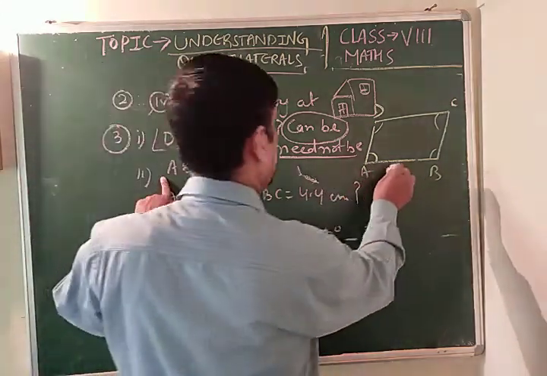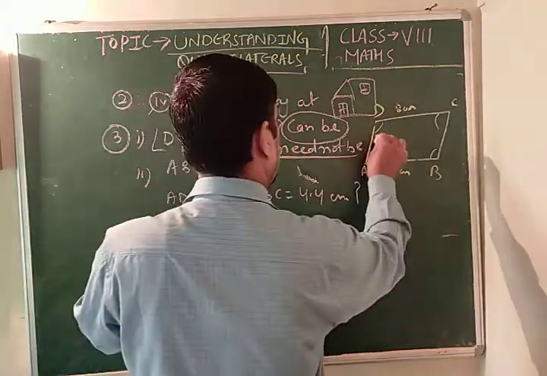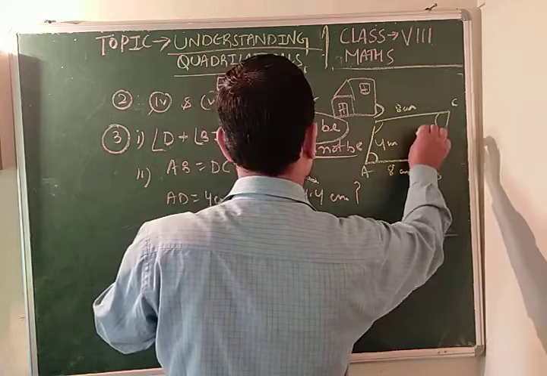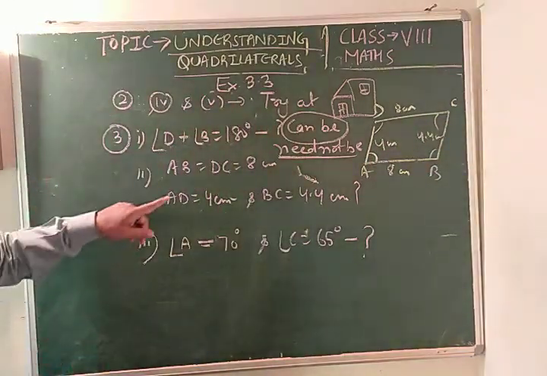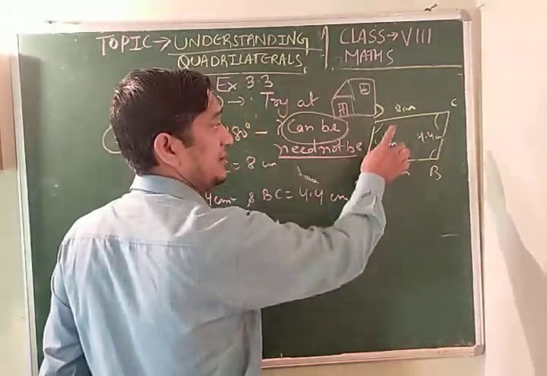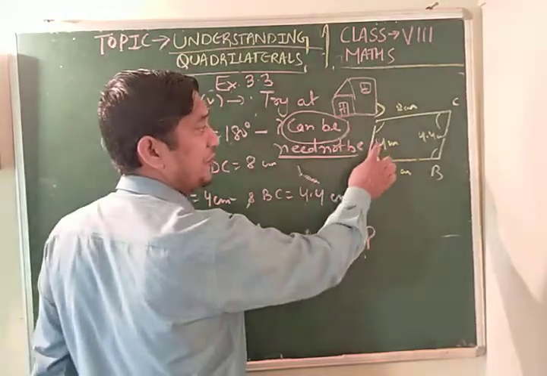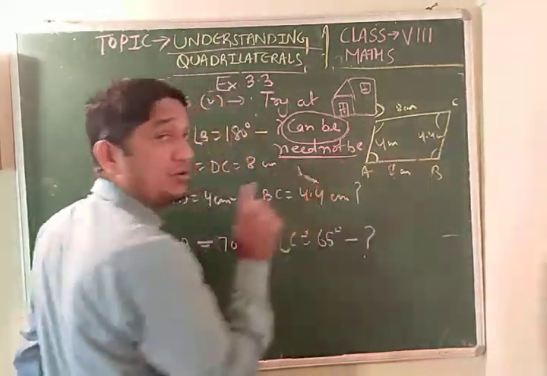Then the next is AB equal to DC. This is 8 centimeter, this is 8 centimeter, and this is AD 4 centimeter, and this is BC 4.4 centimeter. This is also not possible because in a parallelogram opposite sides must be equal. Here this is equal to this, it's correct, but AD 4 centimeter and BC 4.4 are not equal.